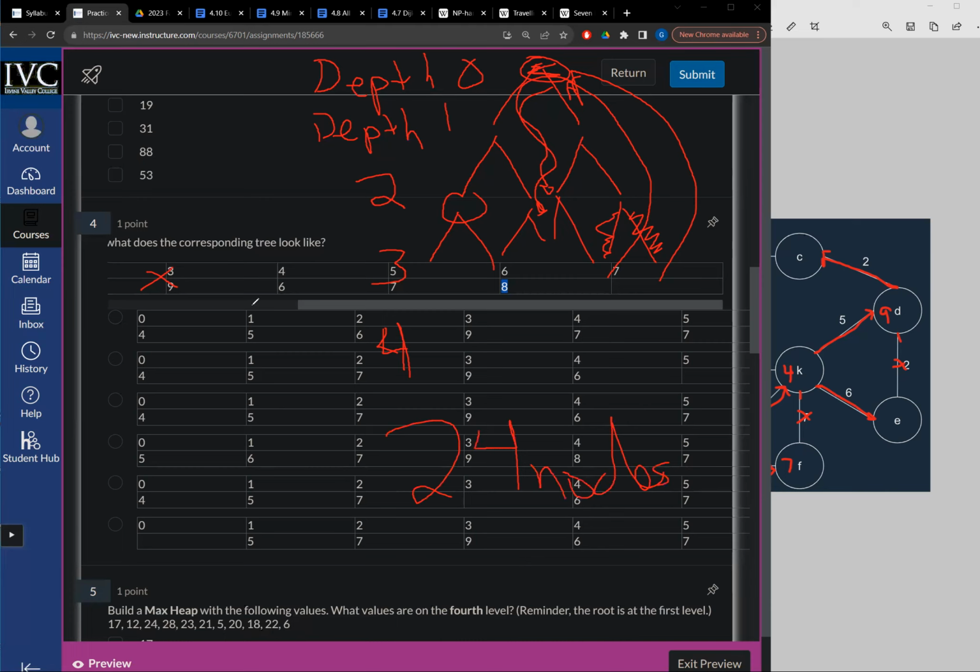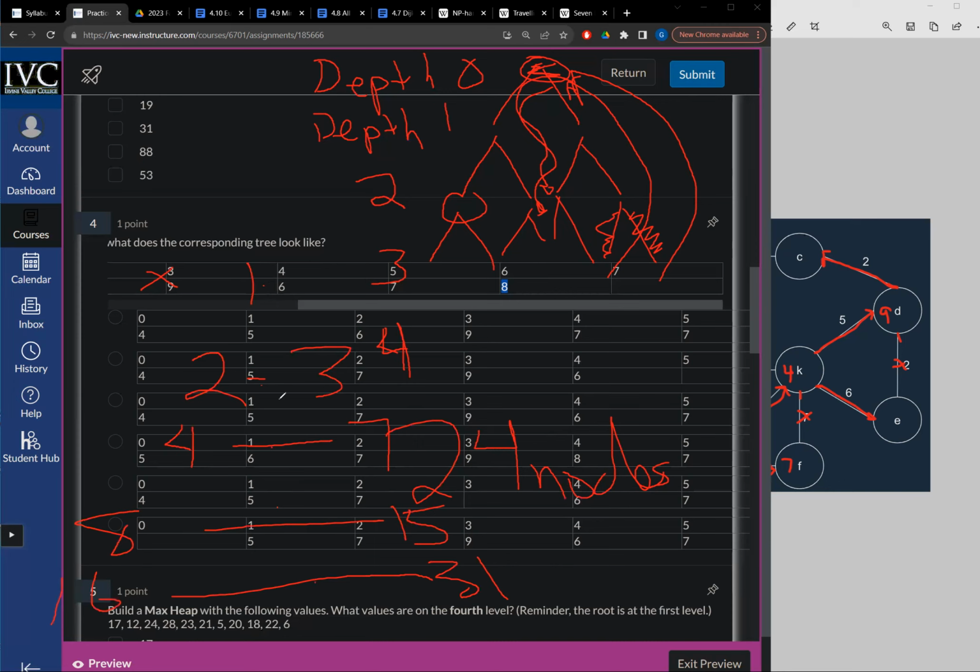Because we have one node, then nodes 2 to 3, then nodes 4 to 7, then nodes 8 through 15, and then nodes 16 through 31. So I could ask how many levels are in a 24 node heap? 1, 2, 3, 4, 5 levels.